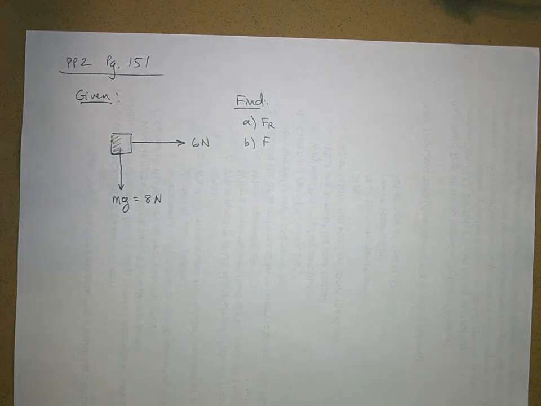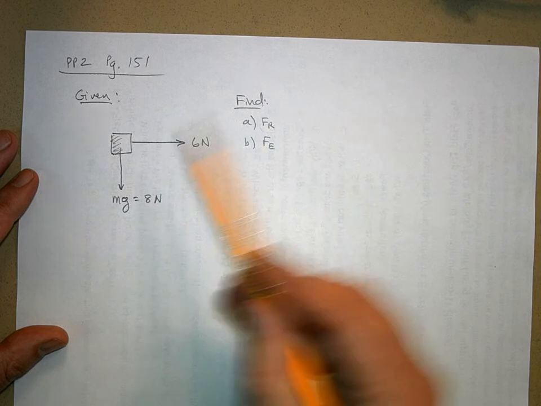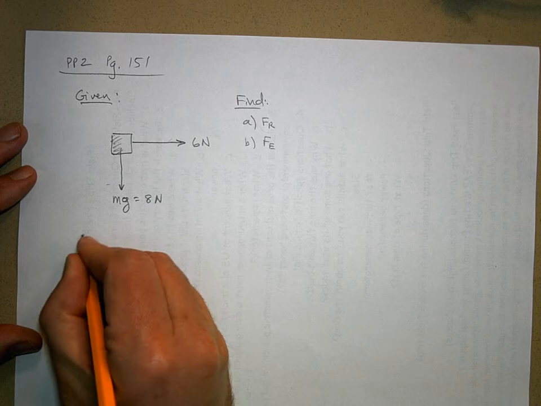Now we call that the equilibrant force. I'll call that F sub E. It's the force that I'm going to use to cancel out these two other forces, to keep the object in equilibrium. So let's solve.